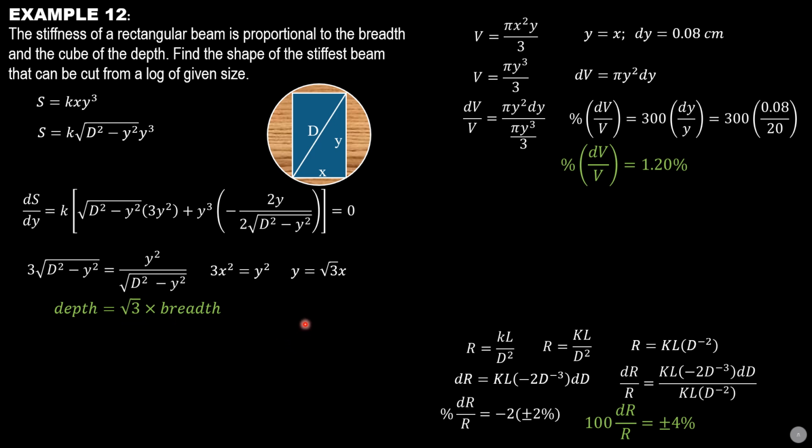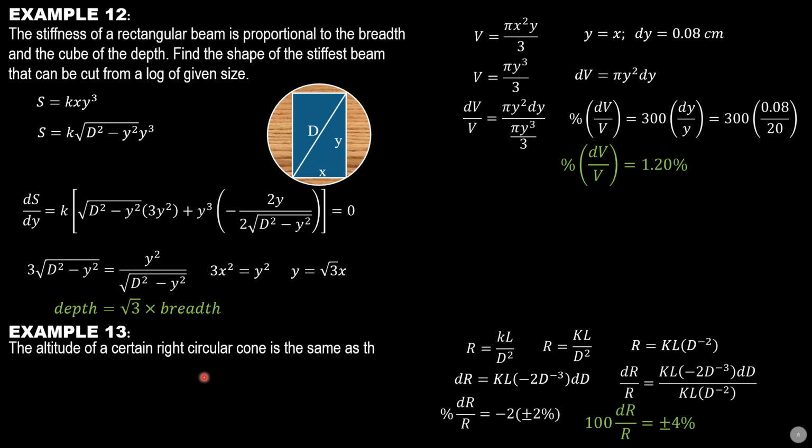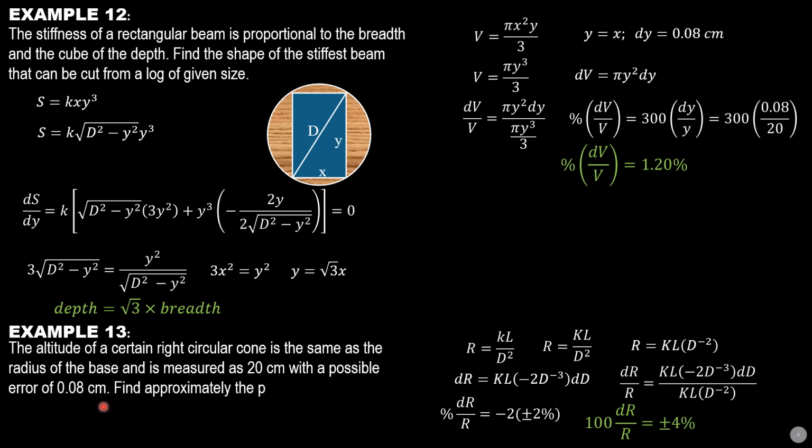So as another problem. Example 13, the altitude of a certain right circular cone is the same as the radius of the base and is measured as 20 centimeters with a possible error of 0.08 centimeters.